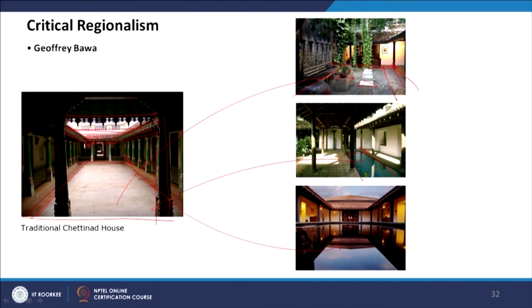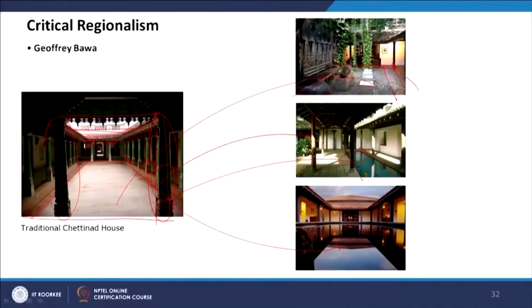Sometimes it's completely water. And in the Chettinad style, because this is vernacular architecture, there are a lot of ornamentations and different elements, but in the modernist movement this has to be very simple. So the Chettinad column, which was a vernacular style design with a lot of elements, is translated into a pure circular column, but the proportion of a Chettinad column is retained in each and every design.